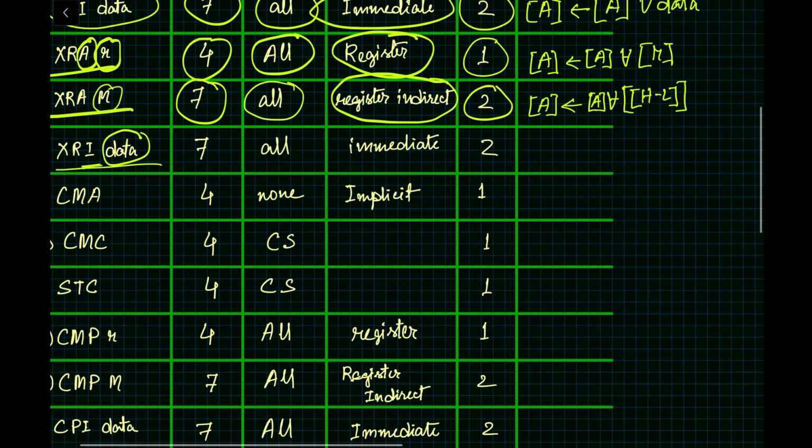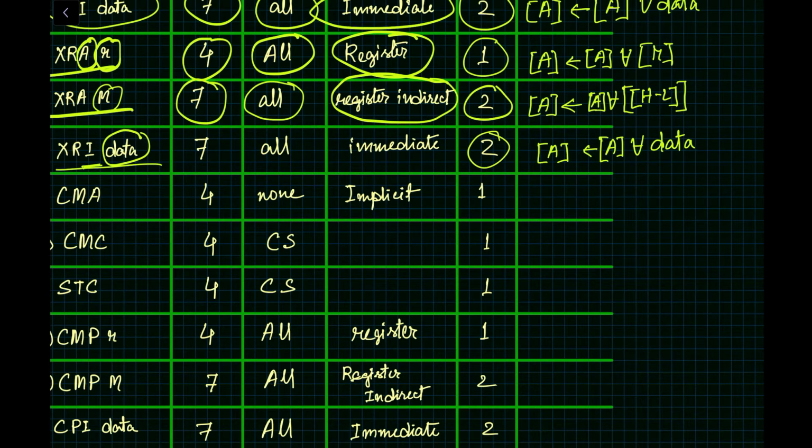This is the exclusive OR symbol, and we have to exclusive OR that data with the content of the accumulator, and the result will be written into the accumulator. Or the content of the accumulator will be rewritten with the result.